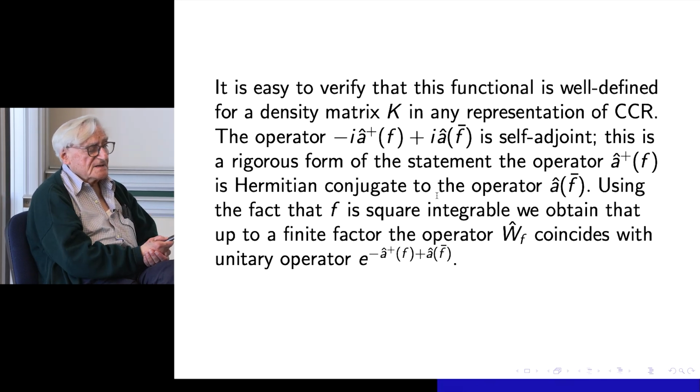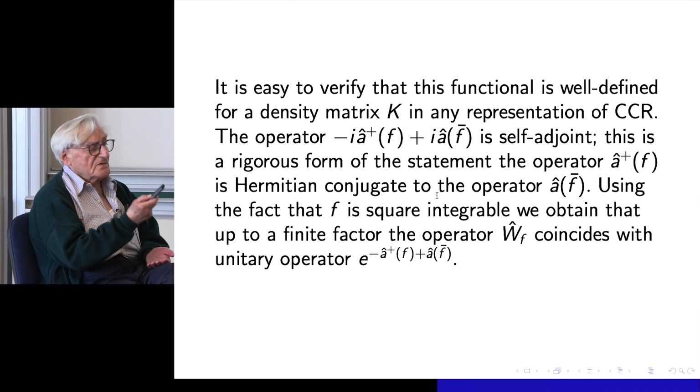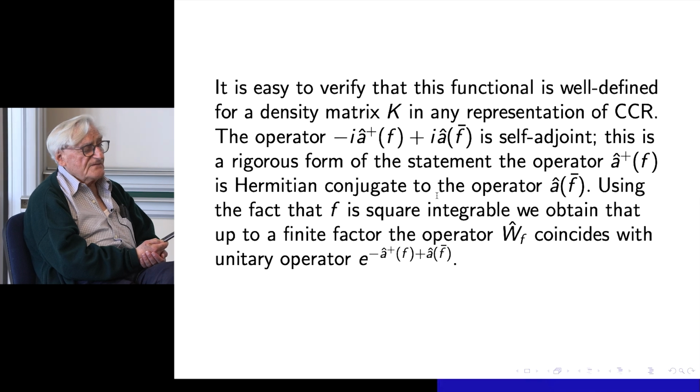So this operator that is written here, e to this something, is unitary, and therefore this operator is really a bounded operator. Here you have an exponent of a unitary operator in the definition of the functional, of the L functional. You have a product of two exponents.